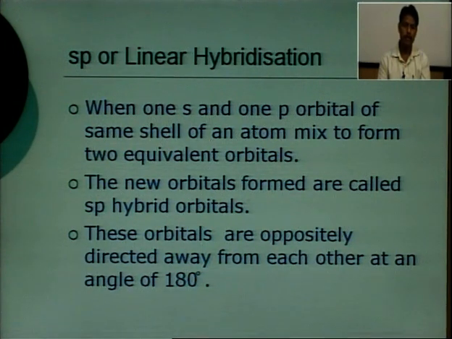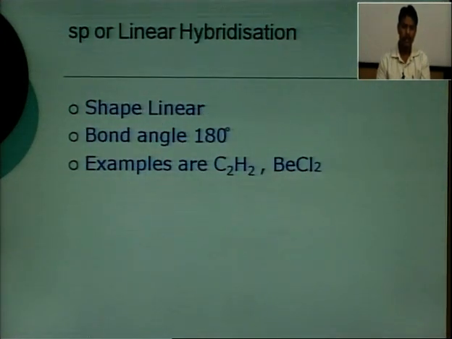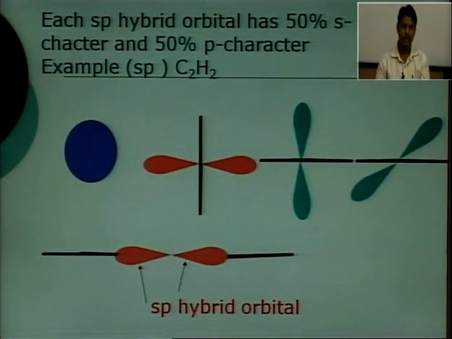These orbitals are oppositely directed away from each other at an angle of 180. The shape is linear, the bond angle is 180. Examples are C2H2 and BeCl2. Each sp hybrid orbital has 50% s character and 50% p character.